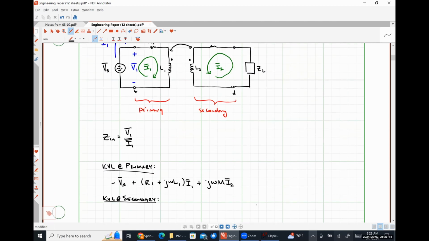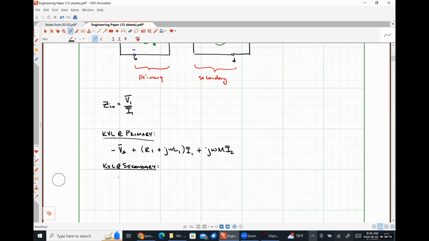And we would have R2 plus J omega L2 plus whatever our load impedance ZL is times I2 plus J omega M times I1 is equal to 0.